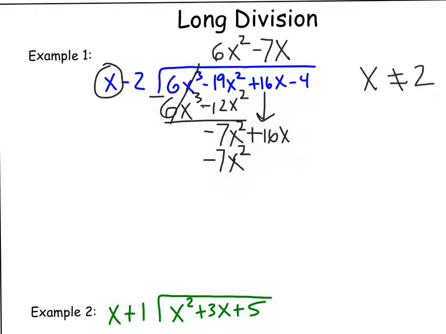Notice it's lined up over 16x. Make sure that you're consistent in doing that. -7x squared times x is the -7x cubed. Times -2, and I get plus 14x.